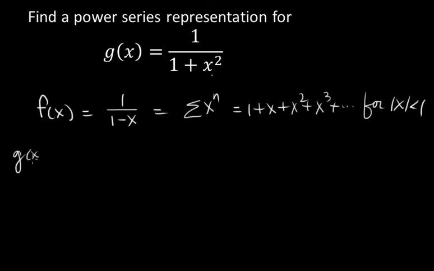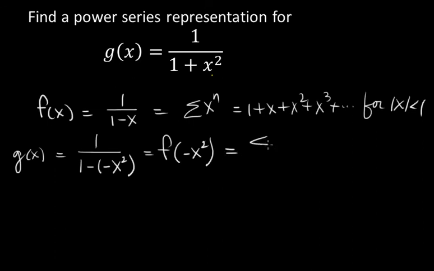Actually, yes, because g of x is equal to 1 over 1 minus a minus x squared. So it is f of minus x squared. In other words, we can find the function g by plugging in minus x squared into the function for f. Well, then we can do the same thing with the series.